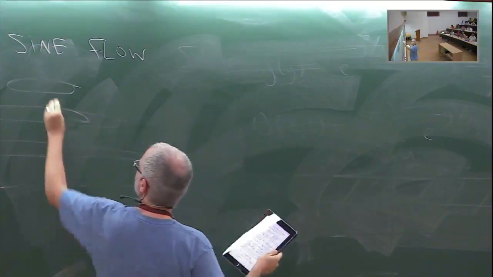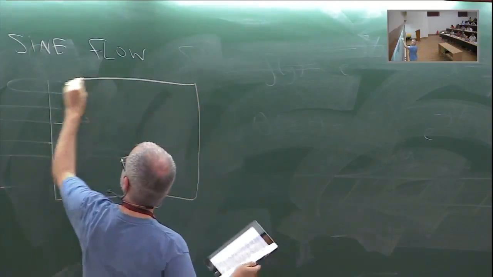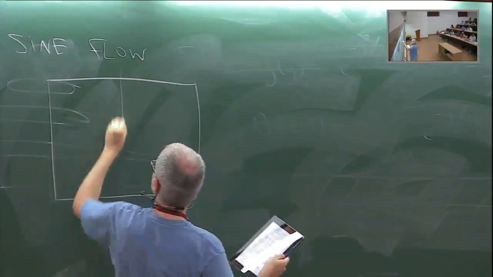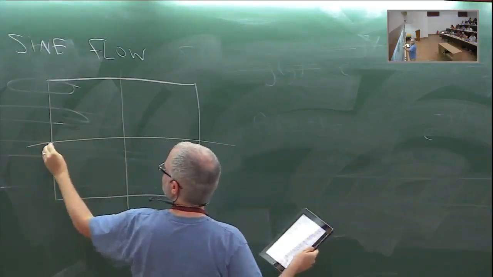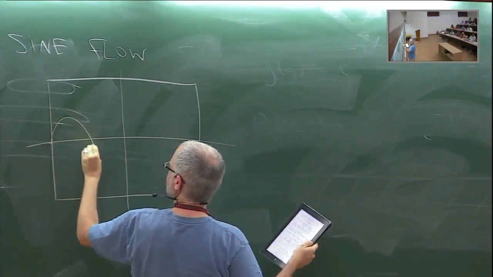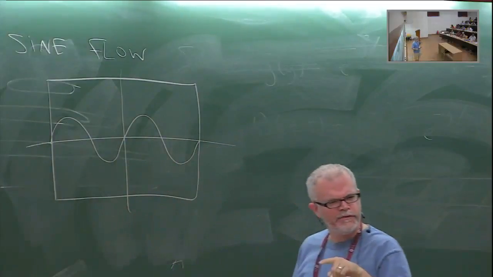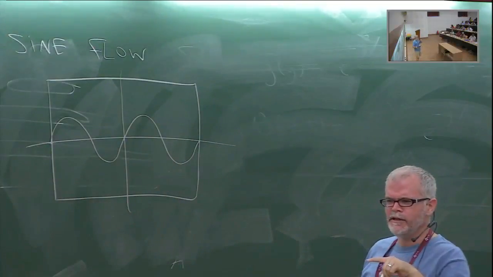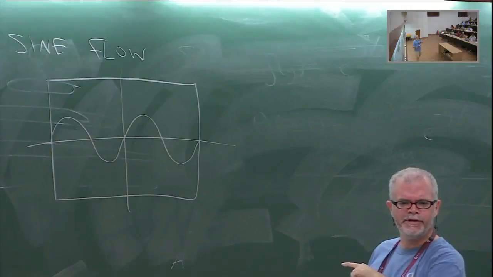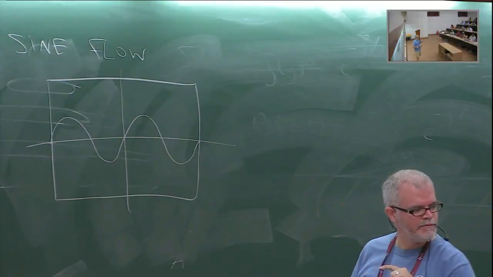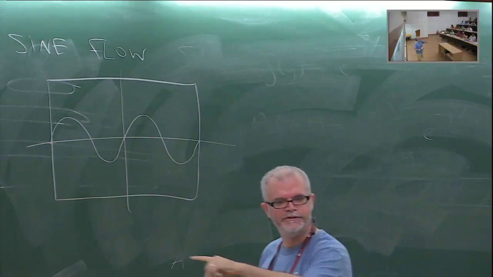It's very simple. You take a two-dimensional domain and you hit it with a shear. A shear flow is a flow that only varies in a direction perpendicular to its direction of motion, right? So a shear flow is not allowed to vary in the direction of motion.